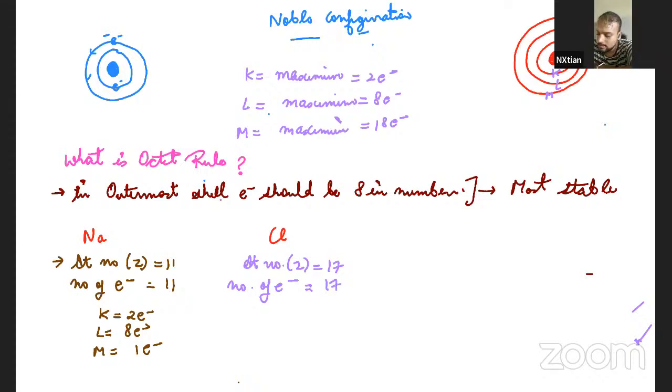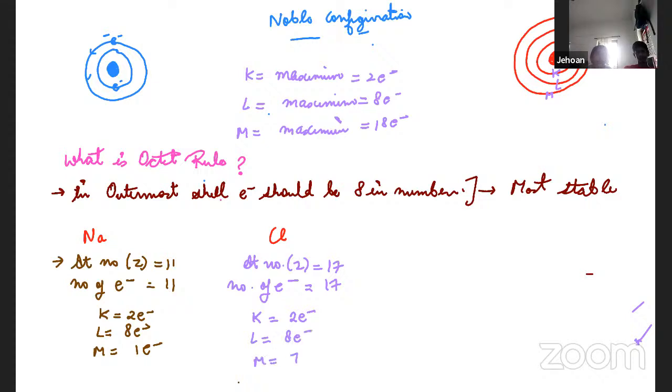Yes, 17. Now give me the electronic distribution of electrons in K, L, and M shell. K shell has 2 electrons, L shell has 8 electrons, and M shell will have 7 electrons.